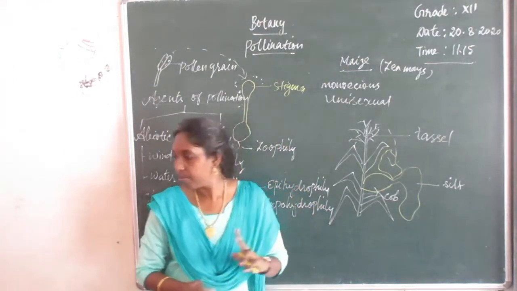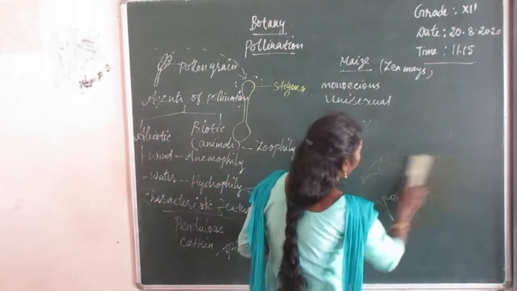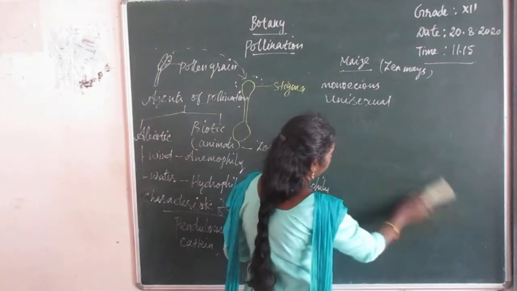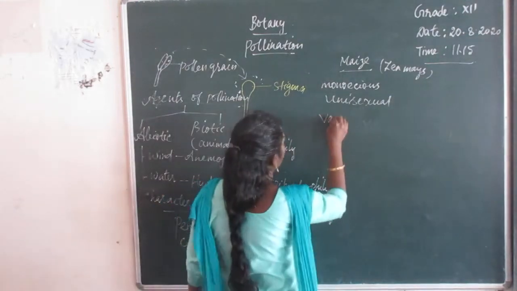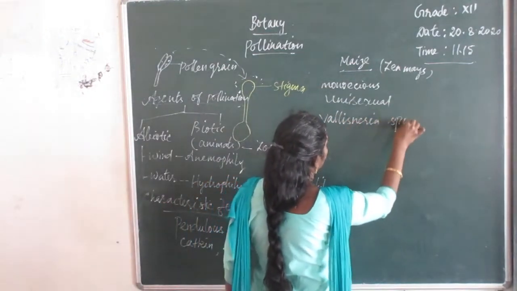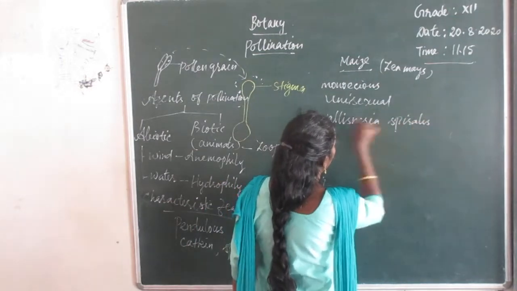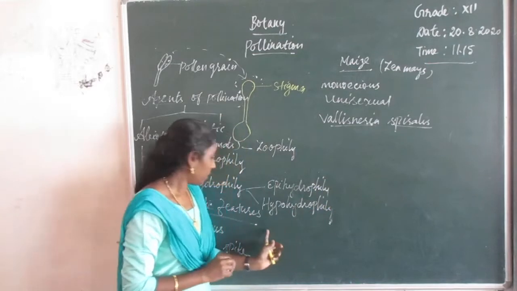So there are two examples we are going to study. One example is Vallisneria spiralis, and Hydrilla. Hydrilla also has water pollinated flowers.